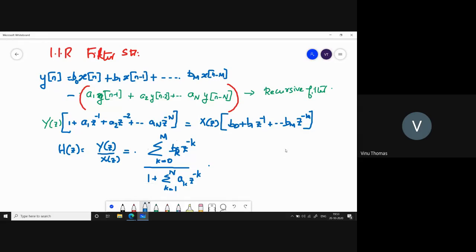So you can look at a memory element like this. Let's say x of n here, and this is the top of the memory element.